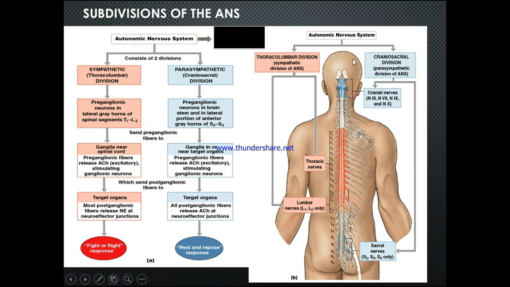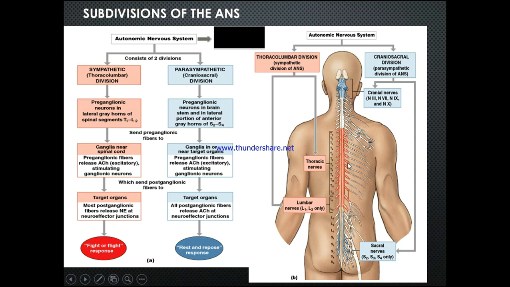So let's just have a quick look at the autonomic nervous system. Let's look at the thoracolumbar sympathetic division first of all. We have the sympathetic division of the autonomic nervous system, the thoracic nerves, the lumbar nerves. Then we can see here the cranial division of the parasympathetic nervous system coming via the cranial nerves, and then of course the vagus nerve, which is going to come down via the carotid sheath, arch around the aorta, and give off the recurrent laryngeal nerve.